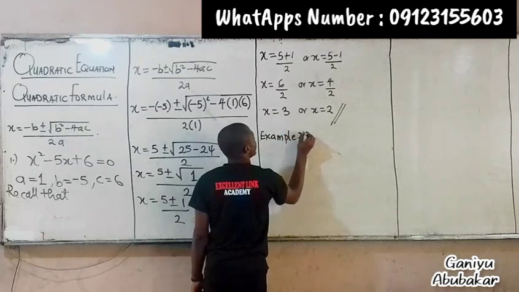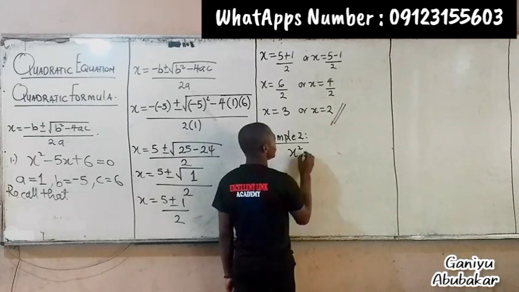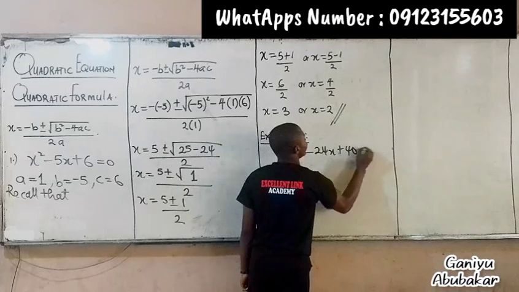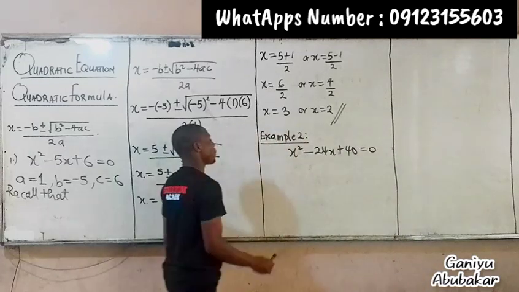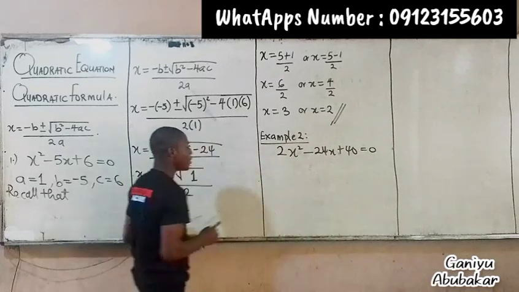If I have 2x squared minus 4x plus 40 is equal to 0. Let's solve this.